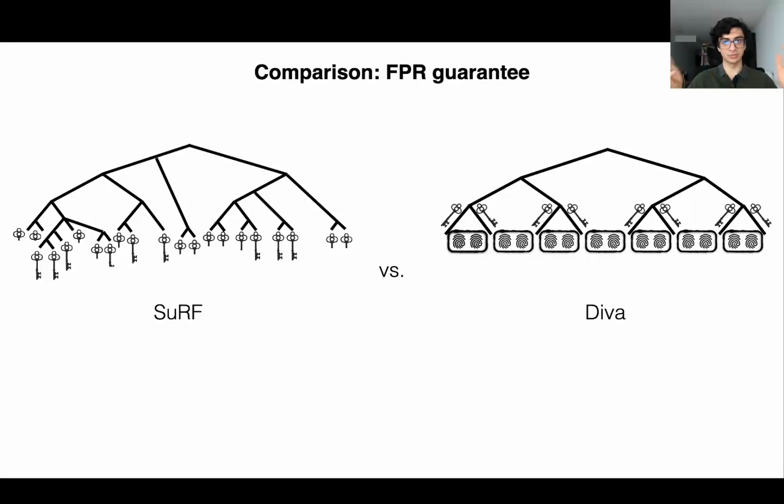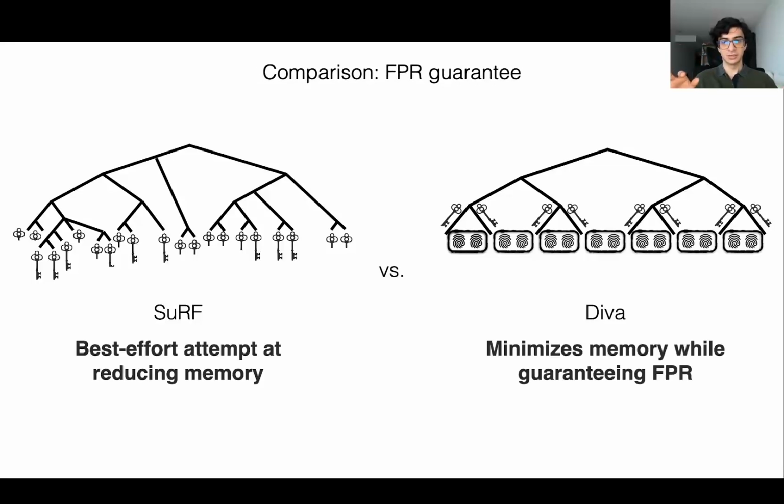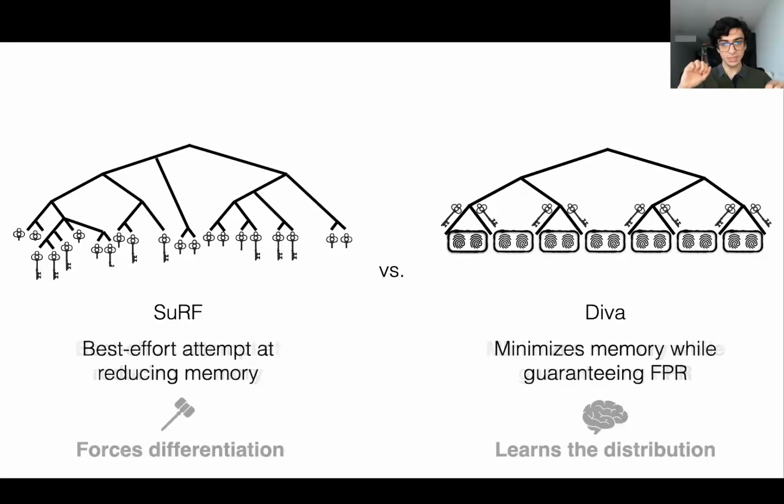Because of this, in terms of the false positive rate guarantee, Surf actually is really just the best effort attempt at reducing the memory footprint, whereas Diva minimizes the memory while guaranteeing you a bounded false positive rate. In particular, this is because Surf forces the differentiation of the keys, whereas Diva learns the dataset's distribution, which allows it to be more smart in what it's storing.